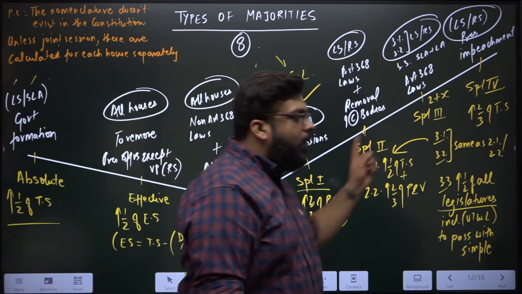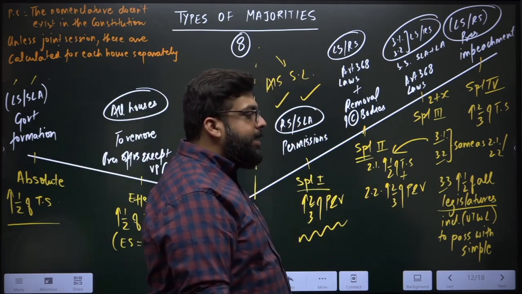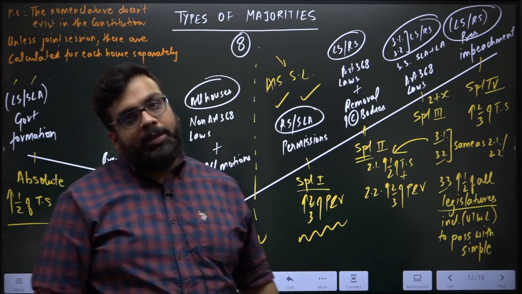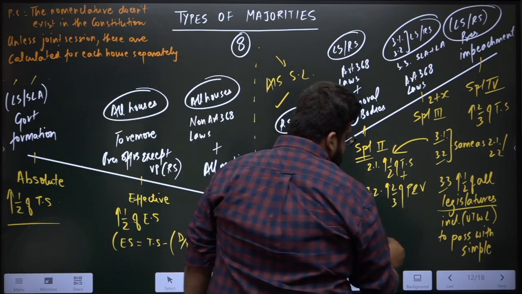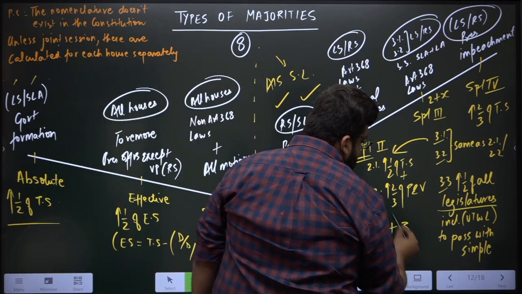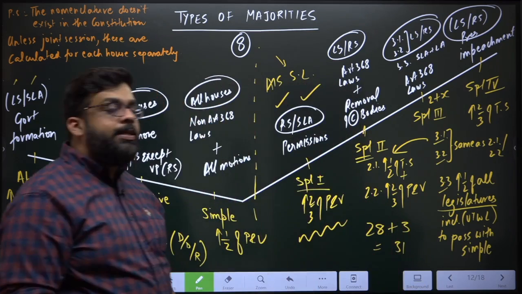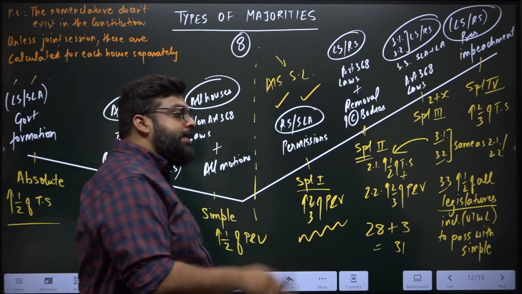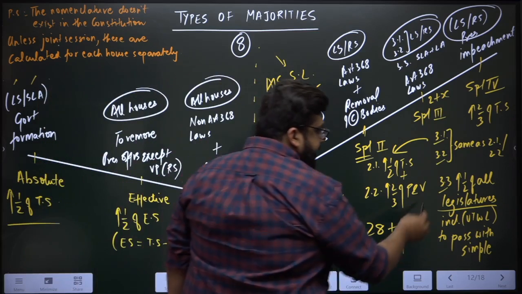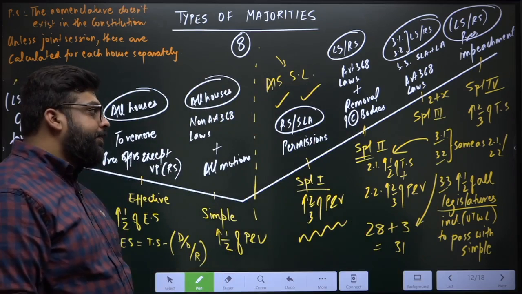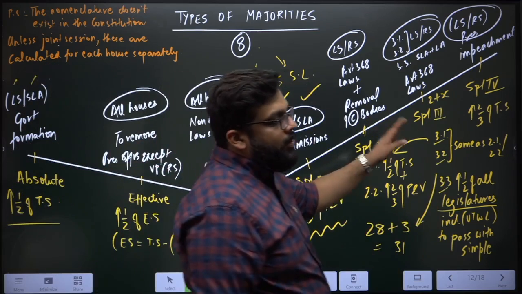And out of all the legislatures, at least half of them have to pass it with a simple majority. So we've got 28 states and we've got 3 union territories with legislatures, that's 31, which means we require at least 16 legislatures to pass the same bill with a simple majority, right? So this is called special majority 3.